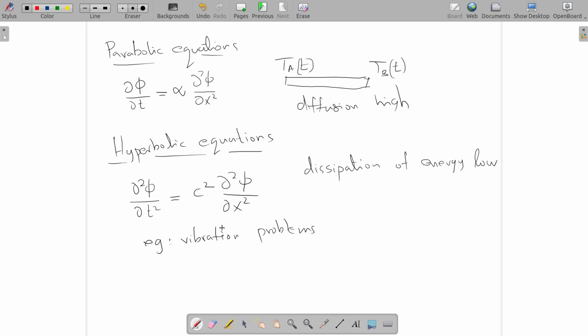And the solution of these equations, in vibration we usually have trigonometric functions in the solution, so the solution y is usually cosine of something multiplied by sine of something. That kind of solution is usually present for vibration problems. So this is just a very brief introduction to what type of equations we deal with.